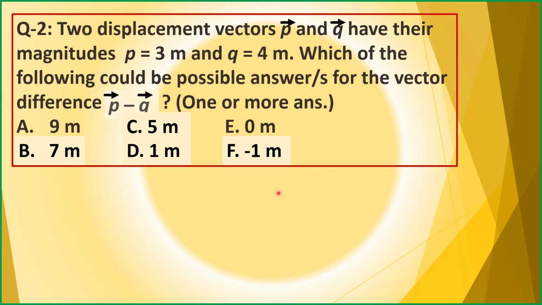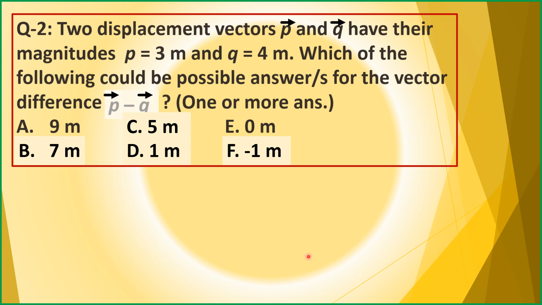In case you're wondering why there are many possible answers to this question, it is because the given vectors only specify their respective magnitudes. There are no specific directions or algebraic signs given to P and Q. Consequently, we came up with different answers.